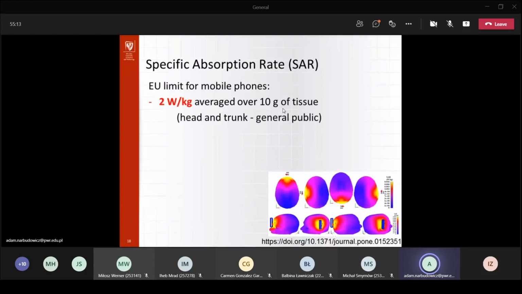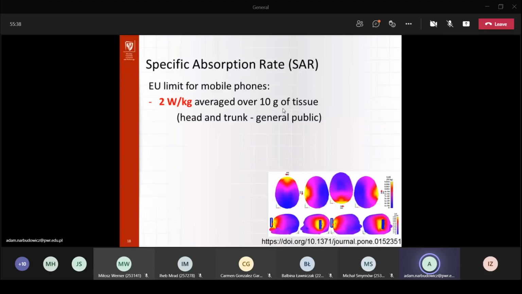This 2 watts per kilogram is a standard for head and trunk of the body. If you think about so-called extremities, so legs and arms, the standard here is 4 watts, so double that. Simply because typically in arms and legs there are just muscles and bones, and basically no vital organs.